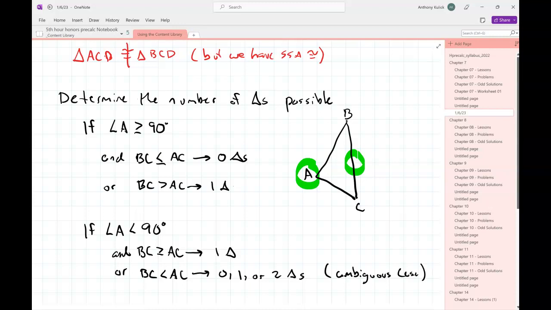It's when we have an SSA situation, the angle is acute, and the side opposite the acute angle is the shorter of the two given sides. So we have to be able to figure that out eventually. What do we need to do?